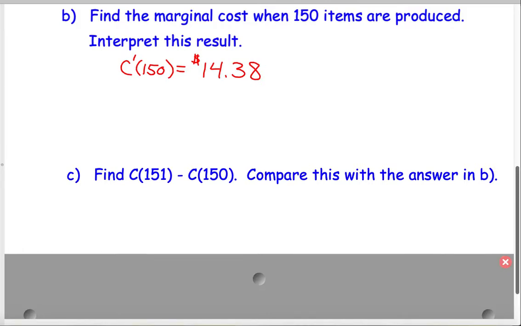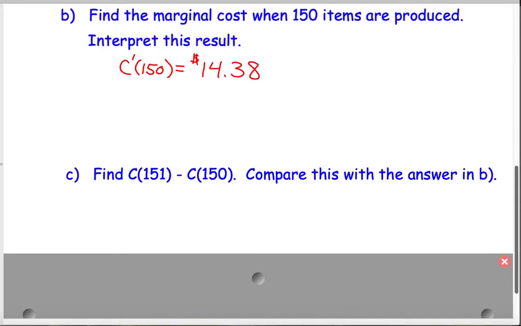It should be close. So we're going to do C(151), and to save you some work, I already punched that in. It should wind up equaling $3,448.19.